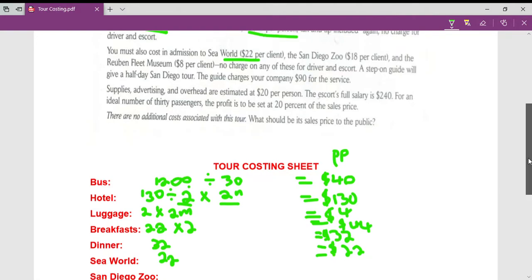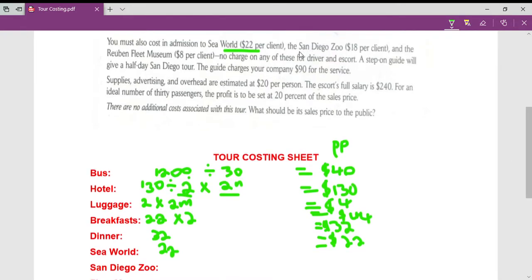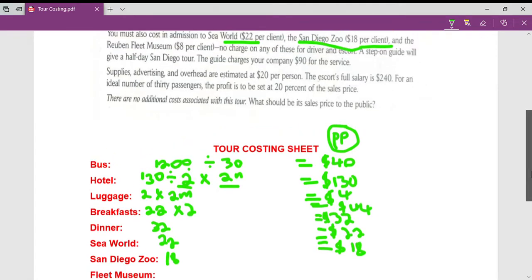So we also have 22, and it also says that the San Diego Zoo is $18 per client again. So we're going to carry that 18 as it is, because it says per client, so we don't have to worry about that. Because remember, the idea with this column is to find out how much it costs per person.